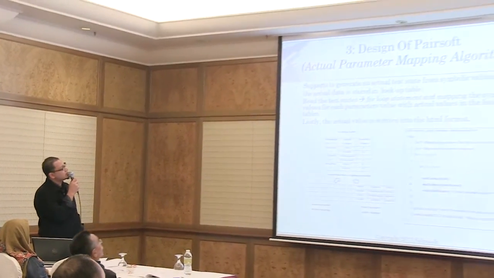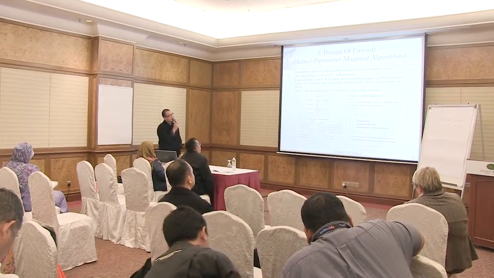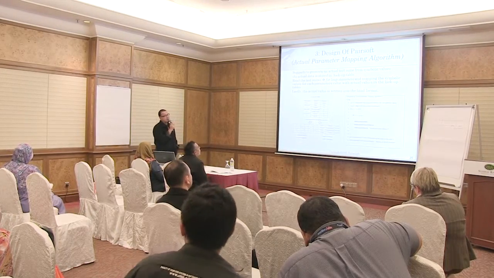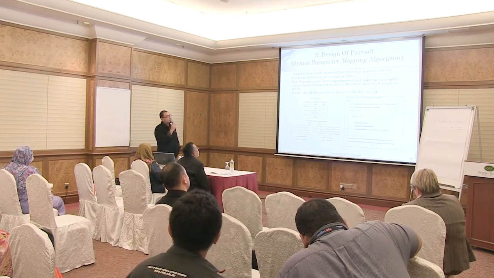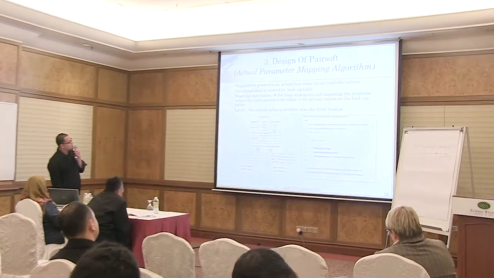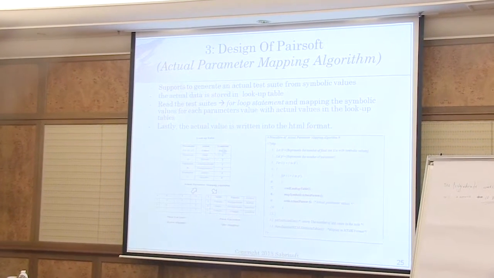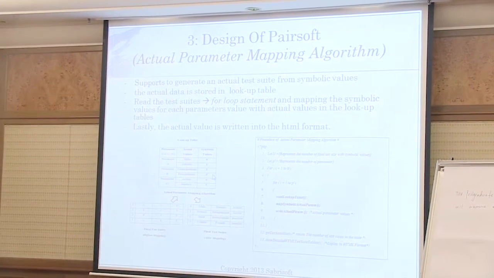The last algorithm is the actual mapping process. As I mentioned in the earlier slide, all the parameters will be translated into symbolic values. In this algorithm, we read the symbolic values from the lookup table and translate them back into the original ones. From the lookup table, the symbolic values after translation in the first algorithm will be 1, 0, 2, 3, 4, 5.